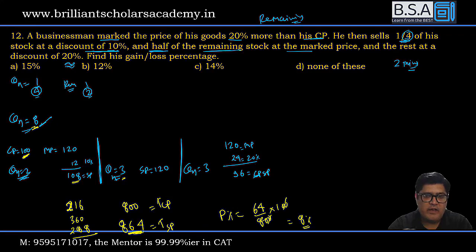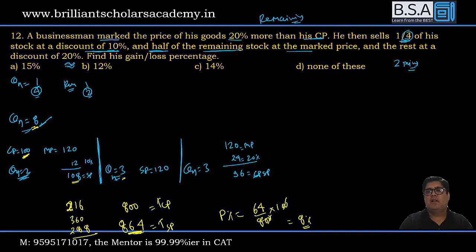Now, what you are seeing on the left hand side is the thorough approach. You assumed price, you assumed quantity, you equated price, quantity, calculations.